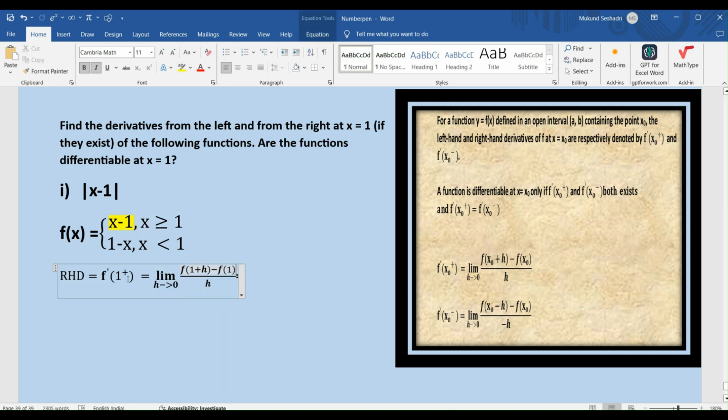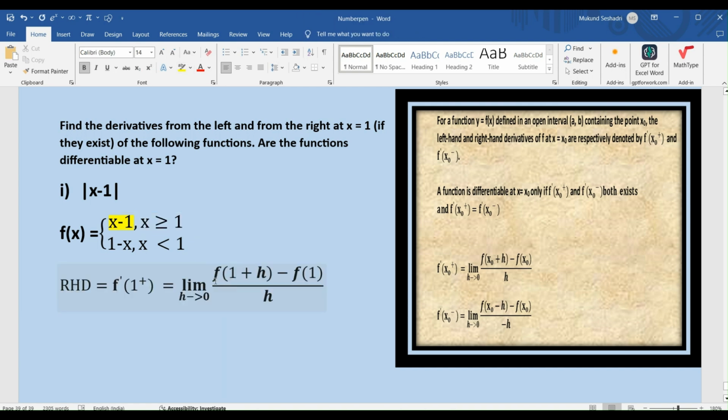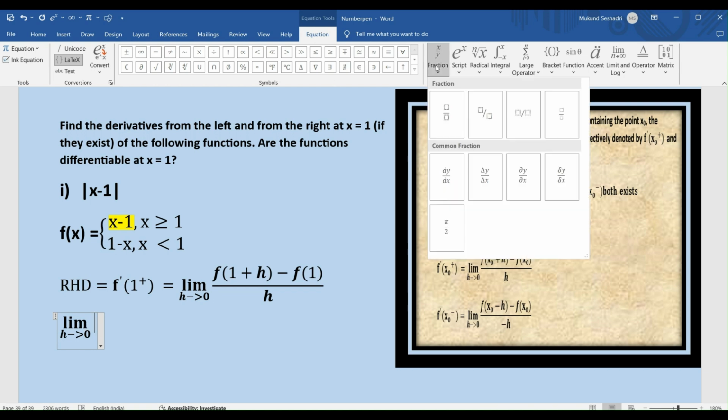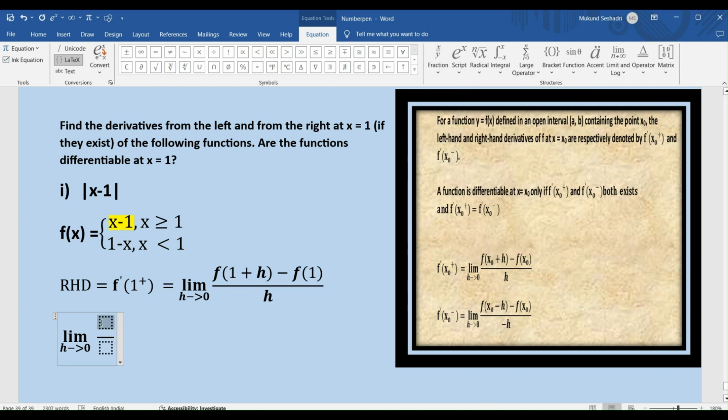So when I write that, my f of 1 plus h is nothing but 1 plus h minus 1, right?